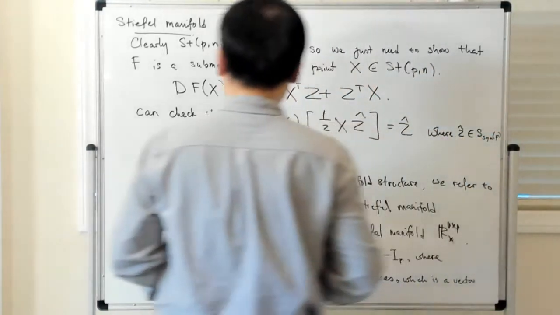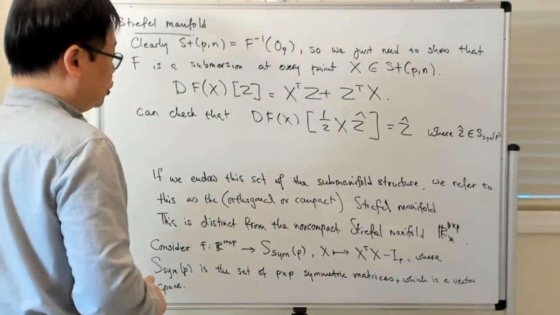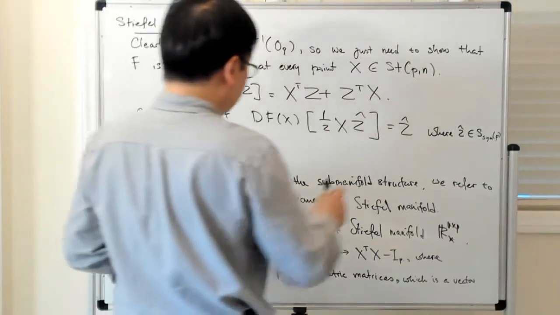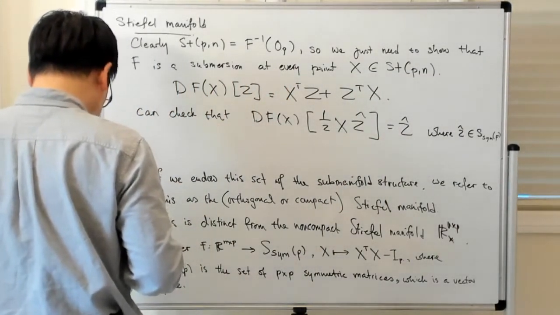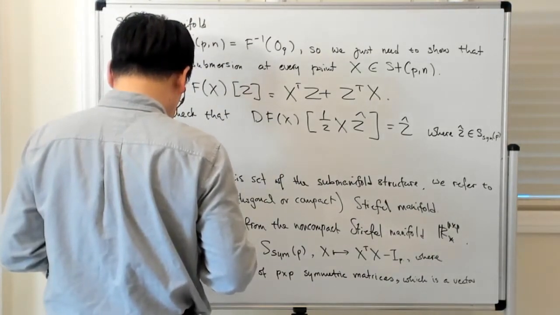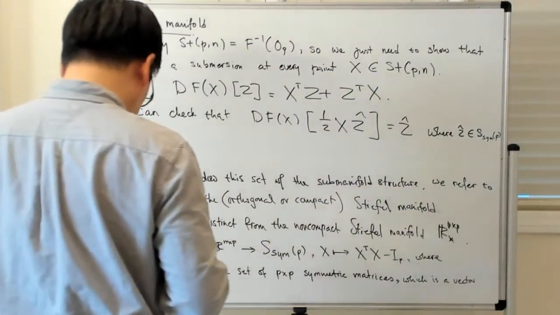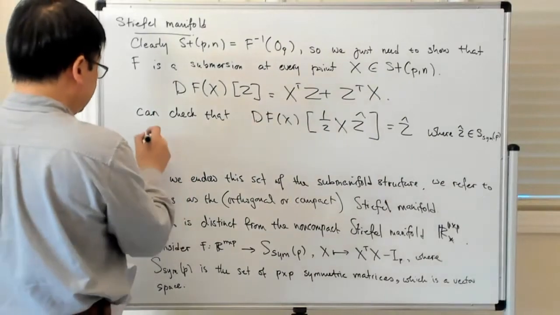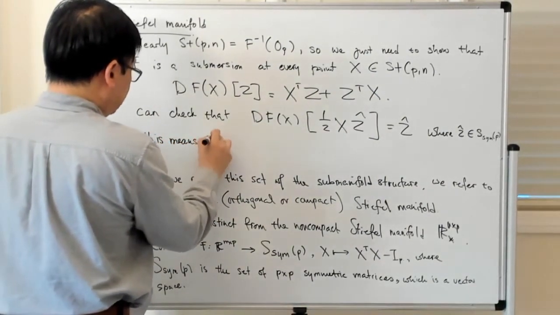We're trying to show it's a submersion, so we want to show that it's onto. So this means that F is full rank.